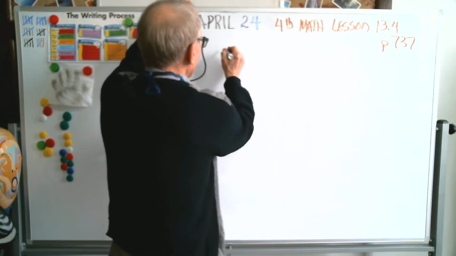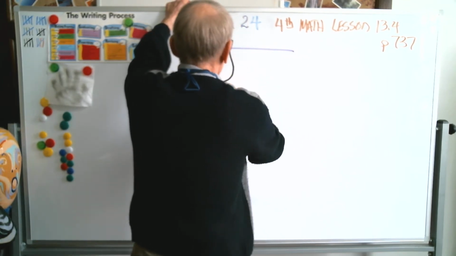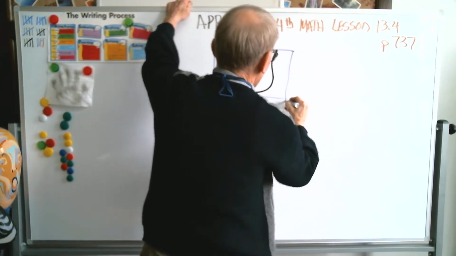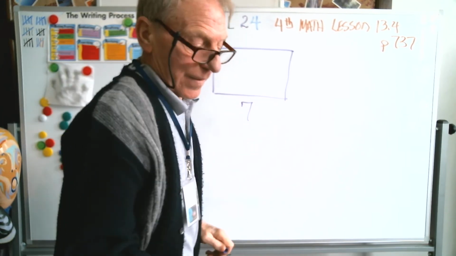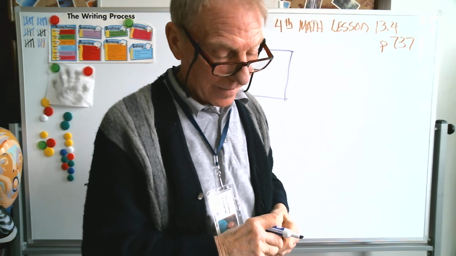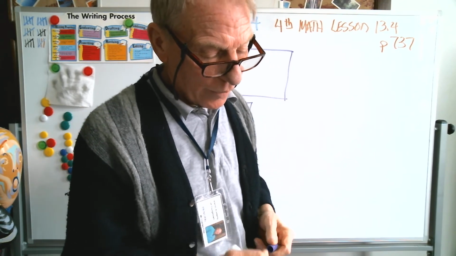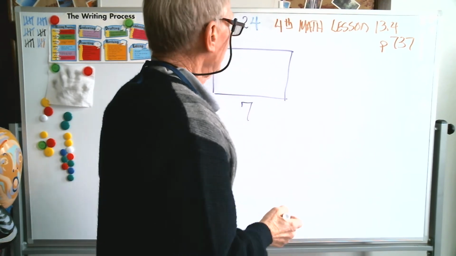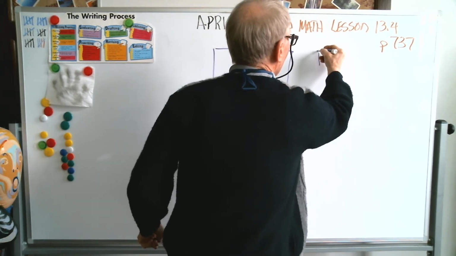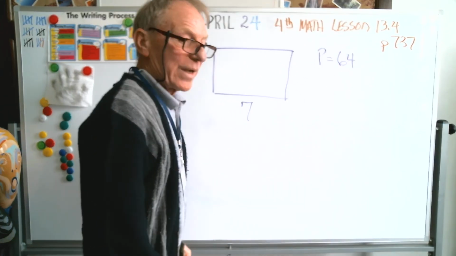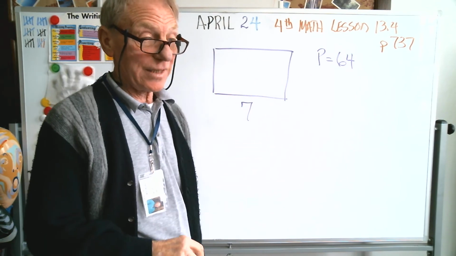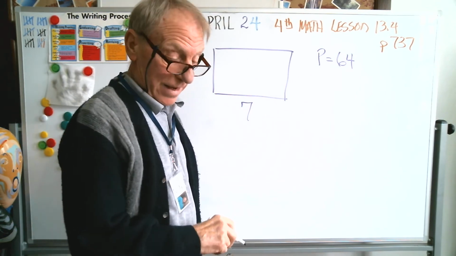So we've got a deck. It's outdoor deck. It's 7 feet wide. That's the length of the deck, 7 feet. The perimeter of the deck is 64. So we know the distance around this deck is 64 feet.